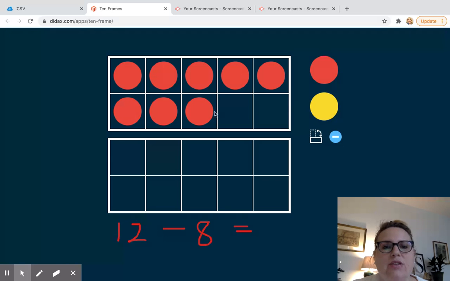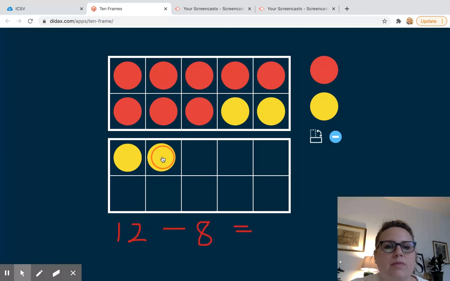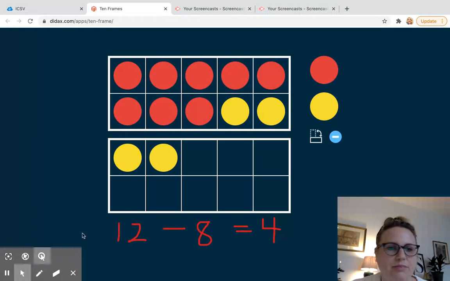Okay, so I start with 8, and then I say 9, 10. I made a 10, 11, 12. All right, I had 8 counters, and then I had to put on 4 more yellow, so my answer is 4. I could also think of it as 12 counters in all, take away 8 red, leave 4 yellow.